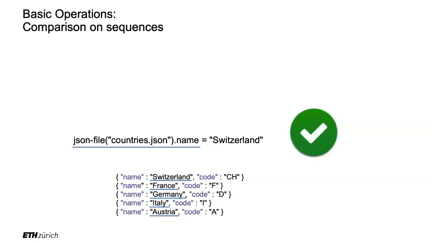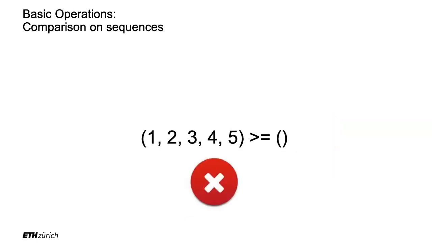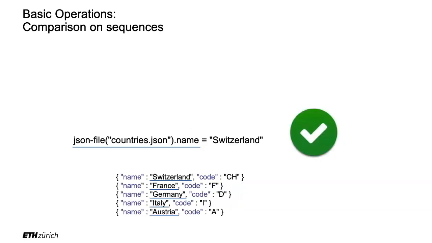Why is that useful? Why did we even bother to extend the semantics of comparison to sequences of more than one item? Because that looks a bit scary, right? There is a reason. It's actually very convenient, because this is a common use case when you query a data set. Imagine that you want to find out in a huge data set with billions of items, if one of the values associated with name would be Switzerland. Well, you can do it in a very compact form.